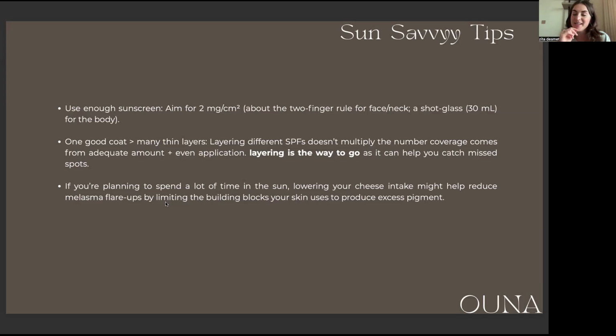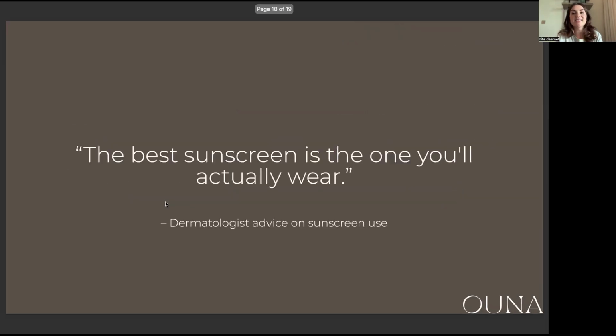So if you're planning to spend a lot of time on the beach or really outside, you might want to lower your intake of cheese, as there's an ingredient in there that can contribute to melasma flare-ups, by providing the building blocks your skin uses to produce excess pigment. So if you're concerned about pigmentation and you're going outside, lowering your cheese intake might help.